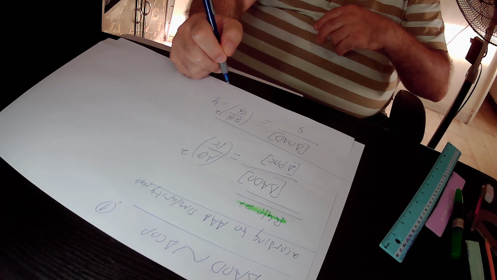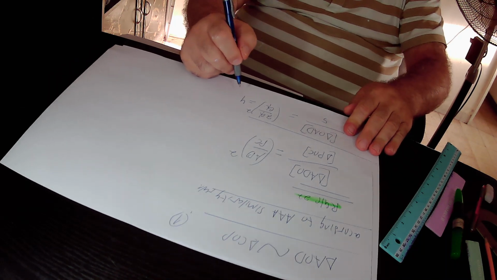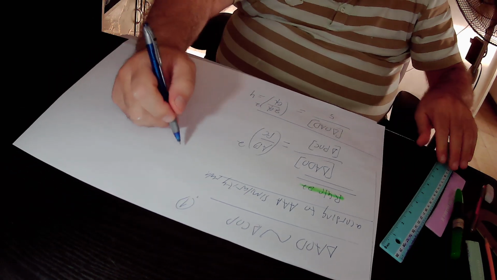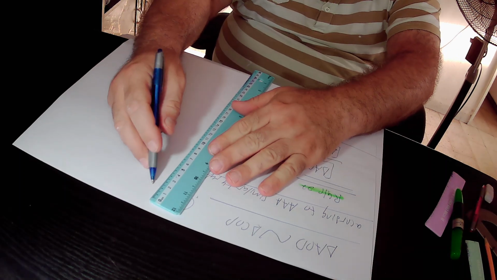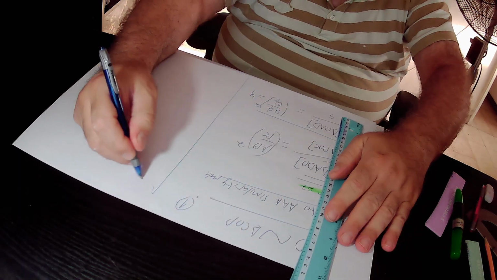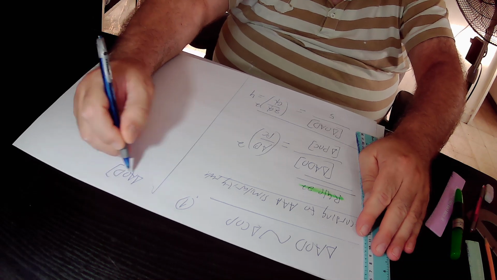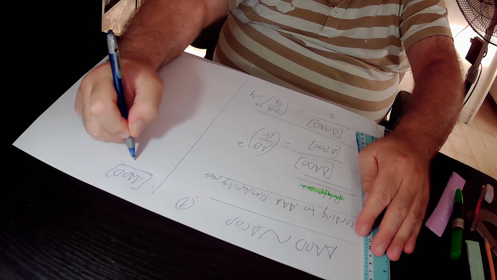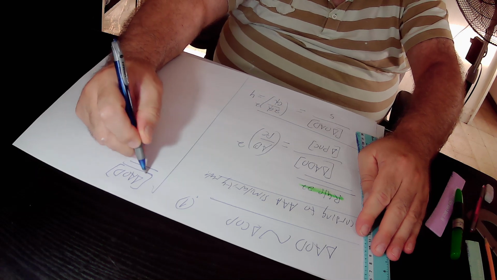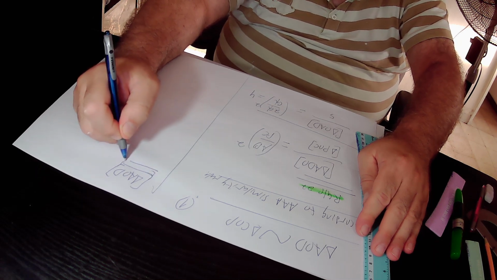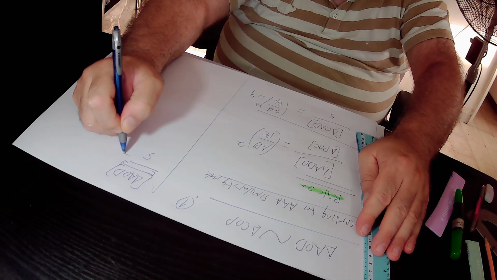So in total, we found out the area of the big triangle AOD over 5 equals 4.